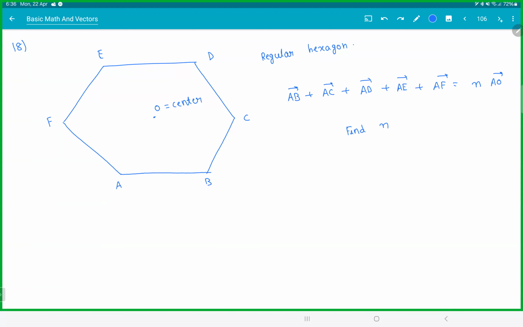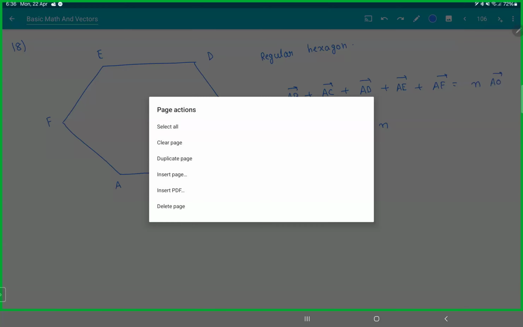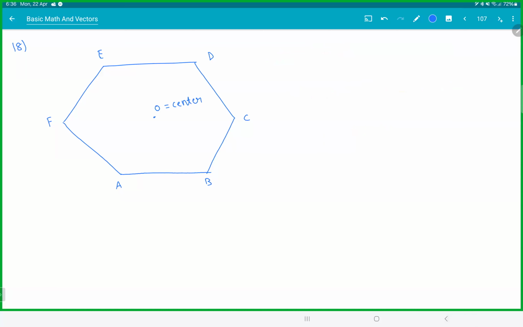Right, let's see. So AB bar is fine. But what is AC bar? If you want to go from A to C, you can go from A to B and from B to C. So AB bar is fine, leave it as AB bar.